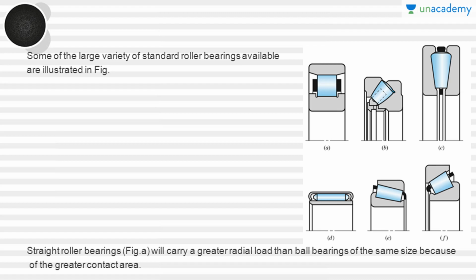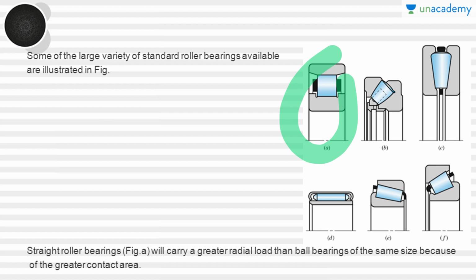Straight roller bearing, figure A, will carry a greater radial load than the ball bearings of the same size because of the greater contact area. If you observe the straight roller bearing in figure A, it will carry greater radial load.